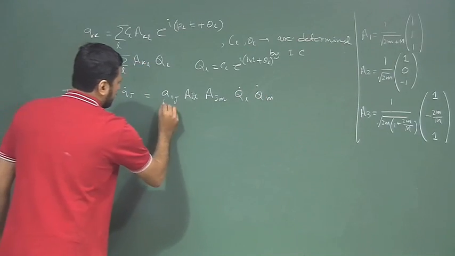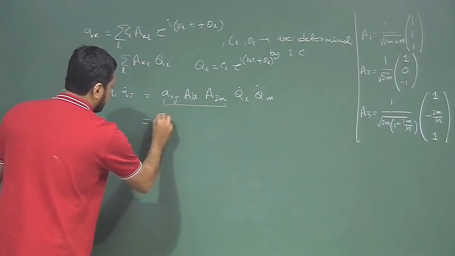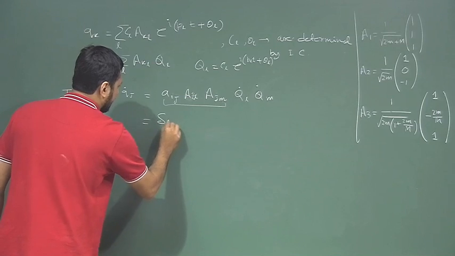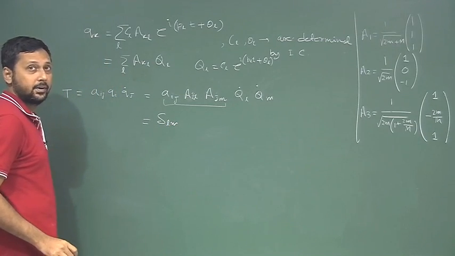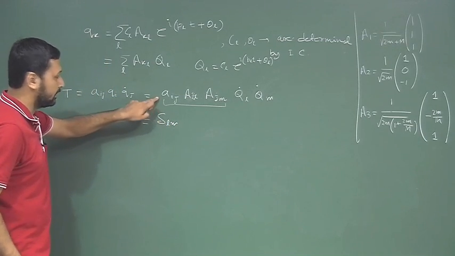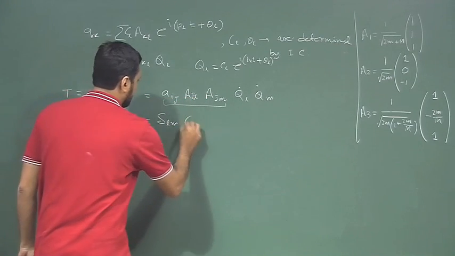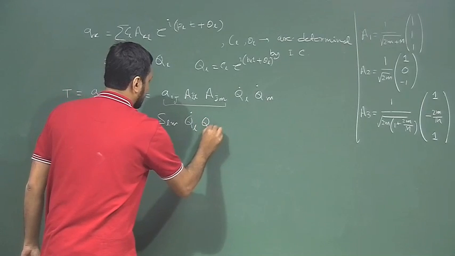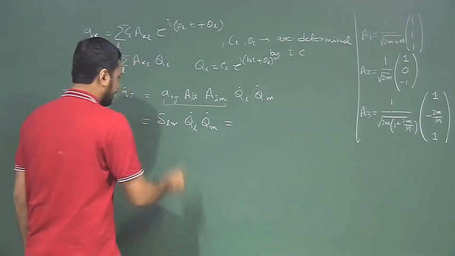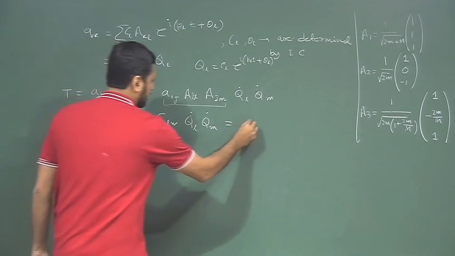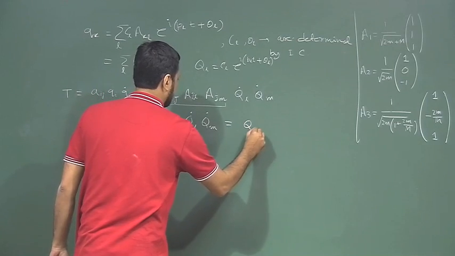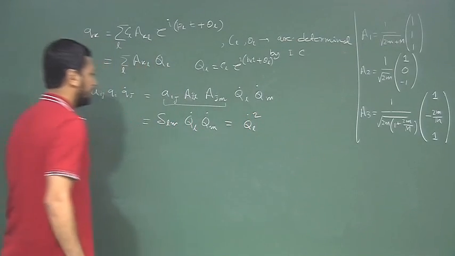Now, look at this term. This is nothing but delta_LM, right. We have seen this from the normalization; this is how we normalized the A_L's. So delta_LM Q_L dot Q_M dot, because L equal to M is the only possible solution, we can just write it as Q_L dot squared.